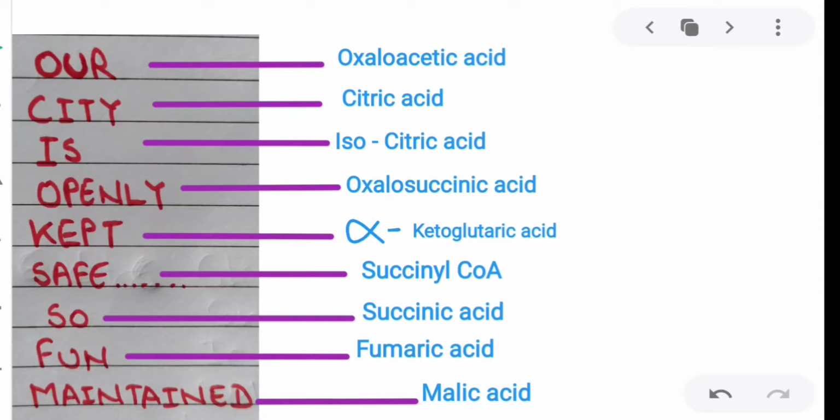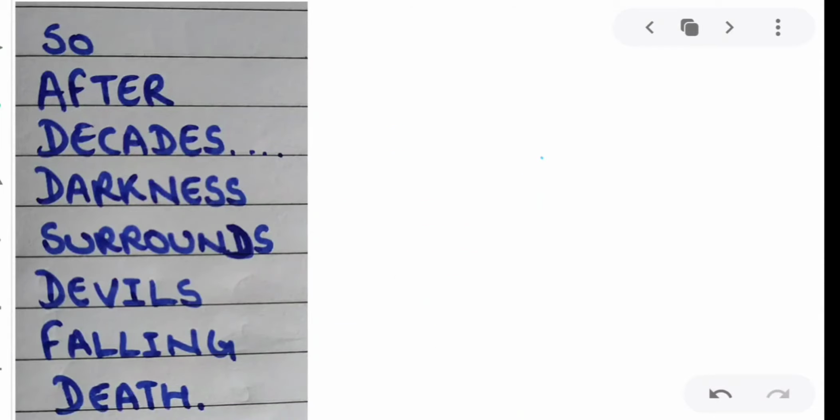As I said in the previous video, there is a way to derive the enzymes. In the Krebs cycle it is very easy, and for that also there is a mnemonic. The mnemonic for the enzymes is: after decades, darkness surrounds devils, falling death.